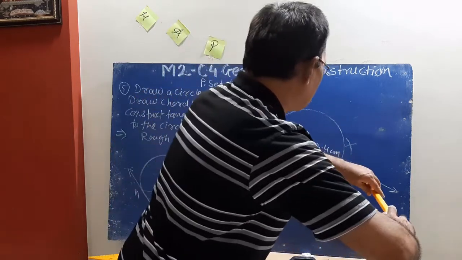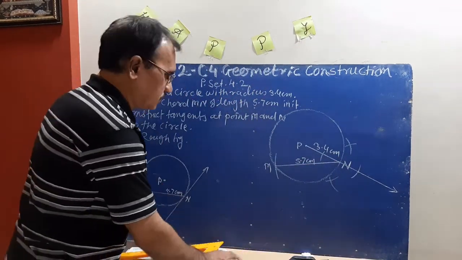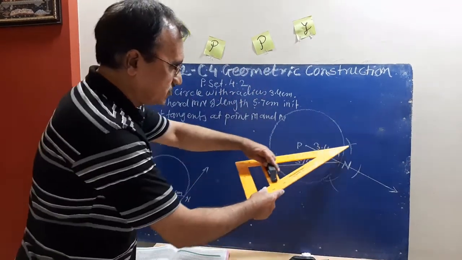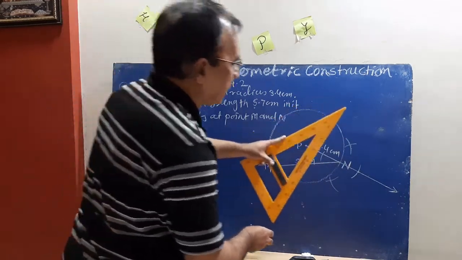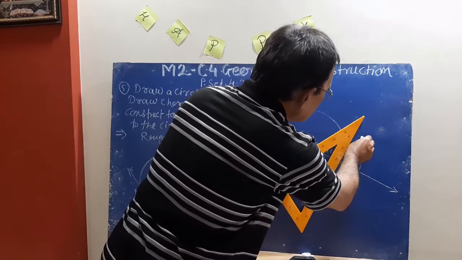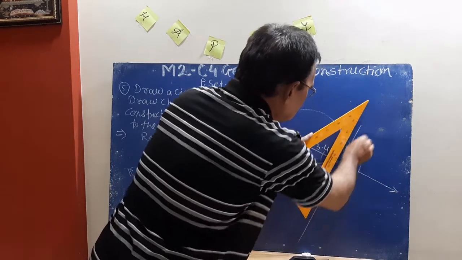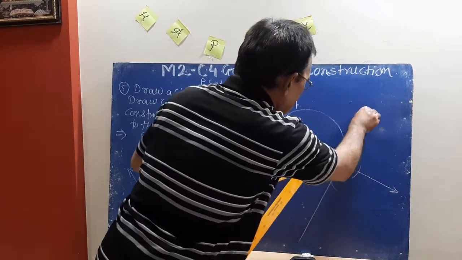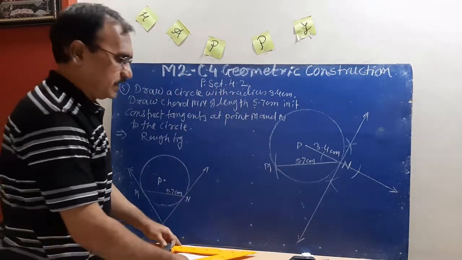Then draw the second arc which intersects the first arc. If we join these 2 points, this is the tangent which is passing through point N.